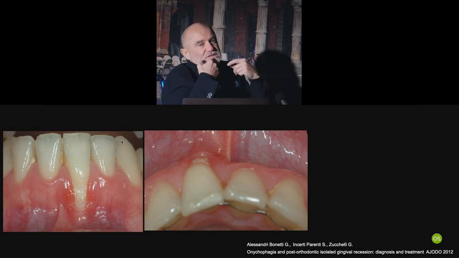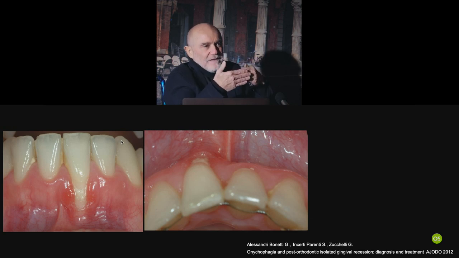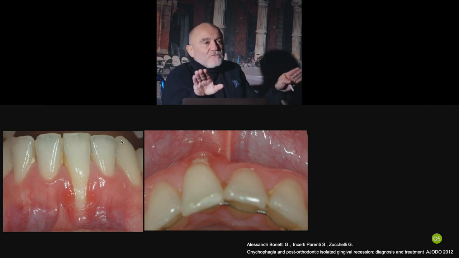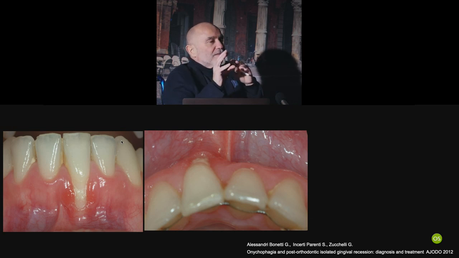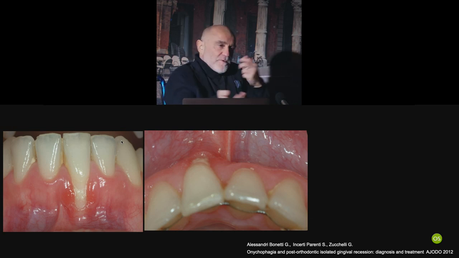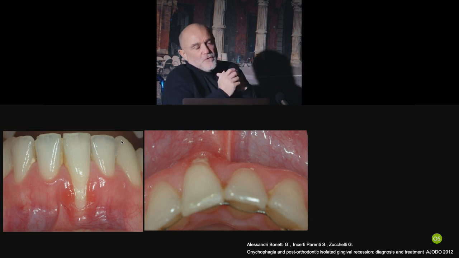And when you touch the buccal aspect of this root, you feel that this root is completely buccal in the most apical aspect. You really feel the apex sometimes, with respect to the adjacent ones that are in the original position. So there is no doubt that something different from toothbrushing, from erosion occurred.